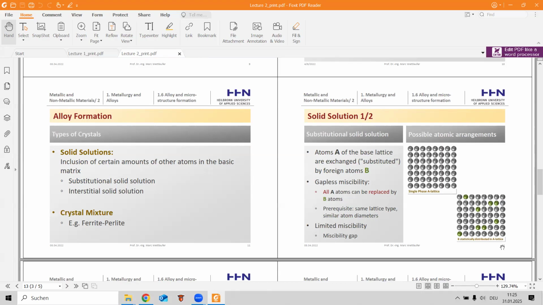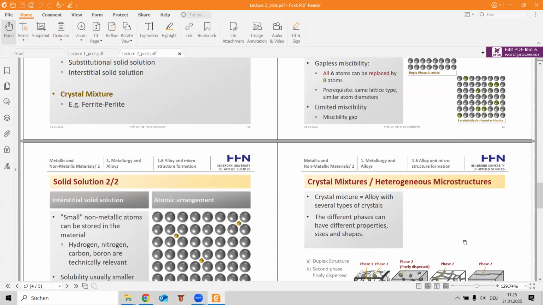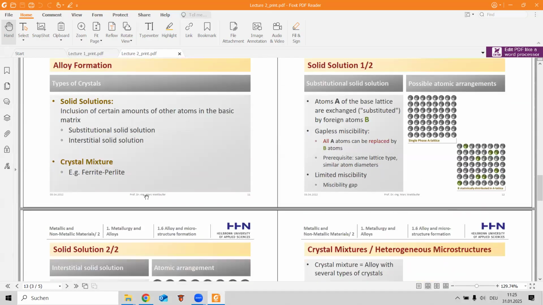Complete miscibility means all A atoms can be replaced by B atoms. The conditions are the same lattice type and similar atom diameter. Otherwise we have limited miscibility, called miscibility gaps. So that was the substitutional solution.